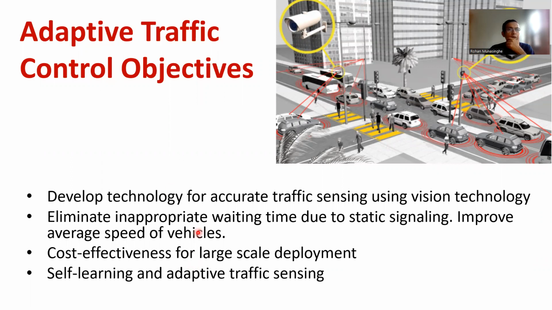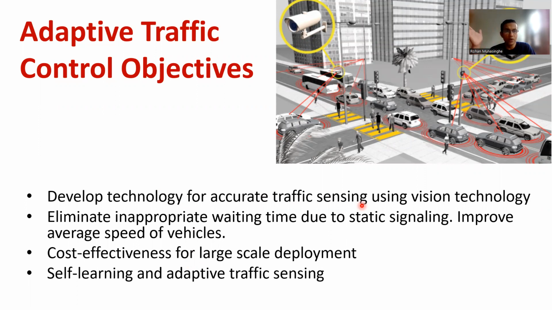So now what are the objectives of adaptive traffic control, or adaptive traffic sensing? It is to develop technology for accurate traffic sensing. That is number one. You need to have technology developed to identify or estimate traffic level in real time.